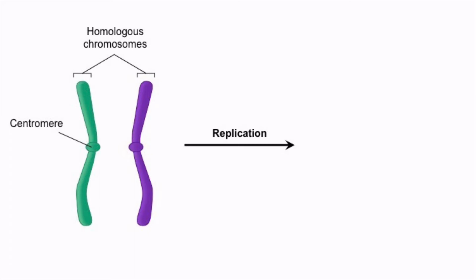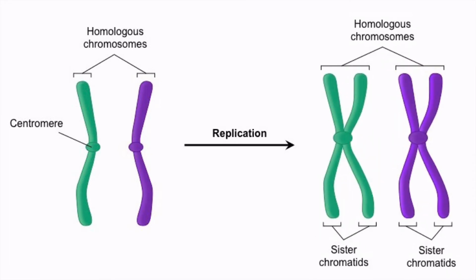So to do that, you have to copy the DNA. So in the end of replication, you wind up with copied chromosomes that are attached in the center. This is one chromosome, and this is its sister chromatid. They're attached at the center. So this side is a copy of this side. And the same thing with this chromosome. This side of the chromosome is copied here as well.